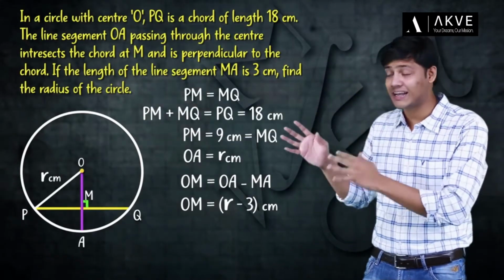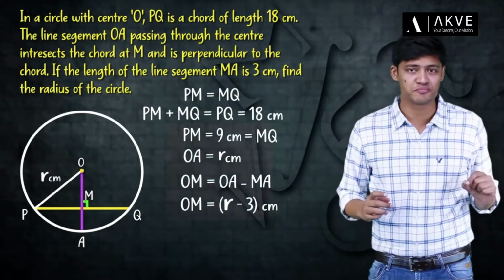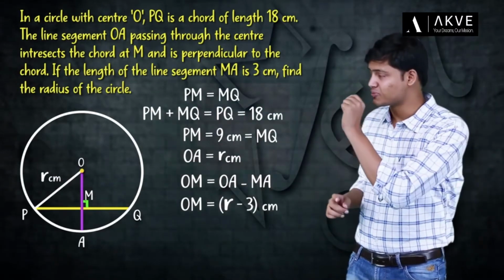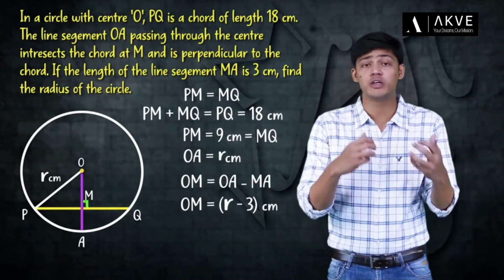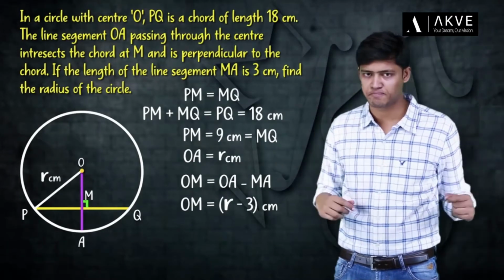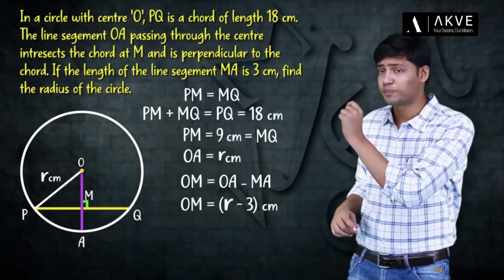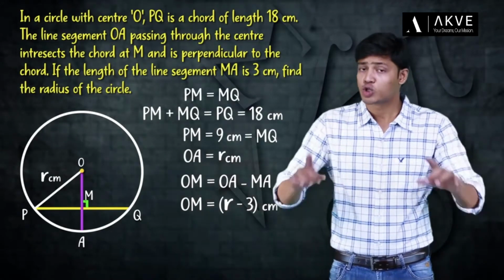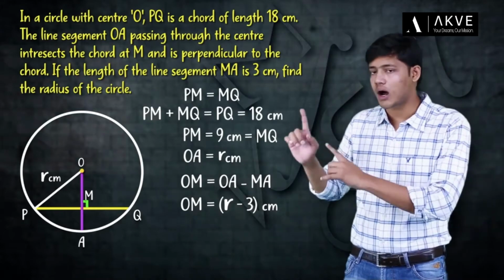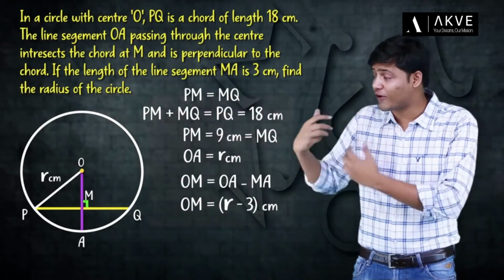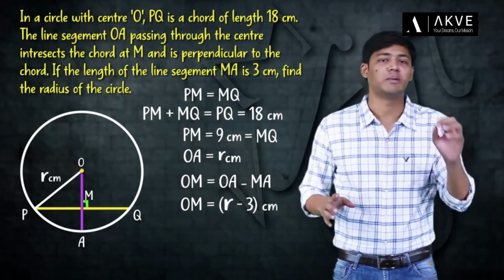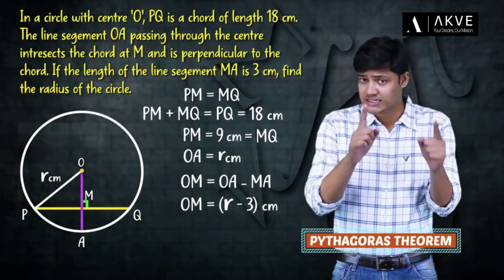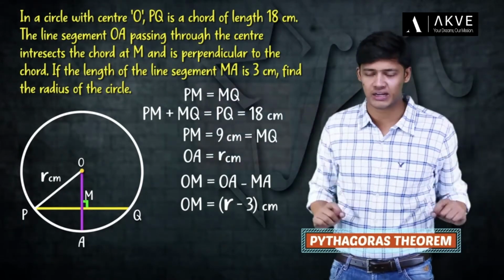So, in this right angle triangle OPM, OP is in terms of r and OM is also in terms of r. And the length of PM is equal to 9 centimeters. So the only unknown is r. So to find that, we can use the Pythagoras theorem, since it is a right angle triangle.